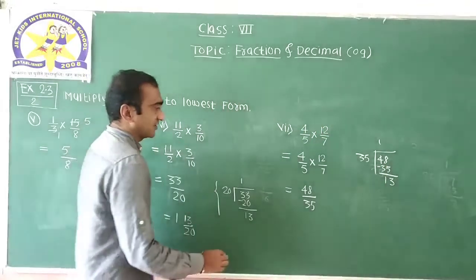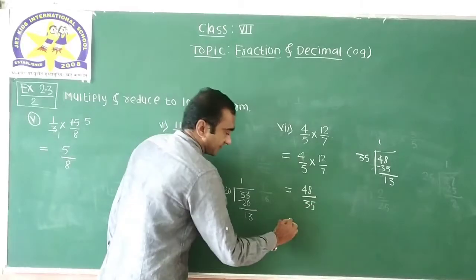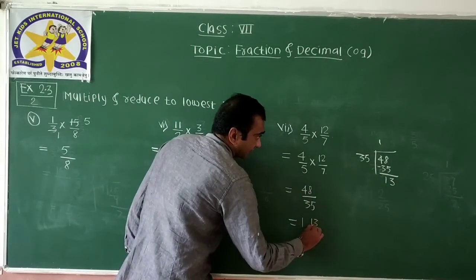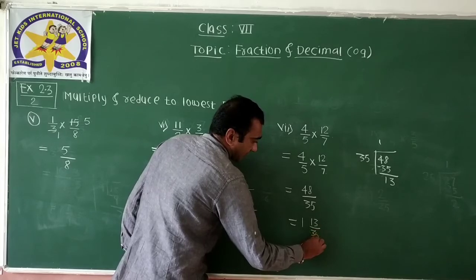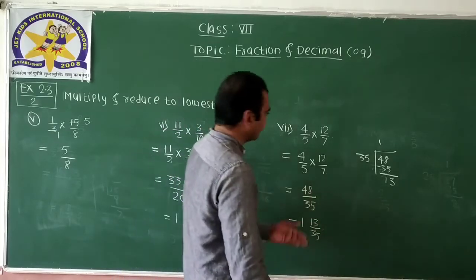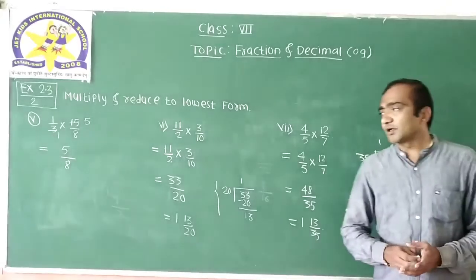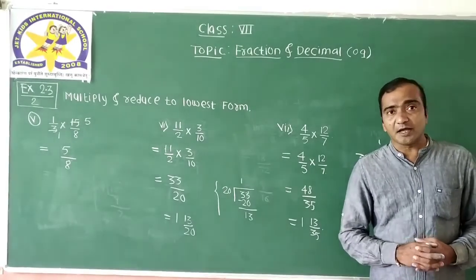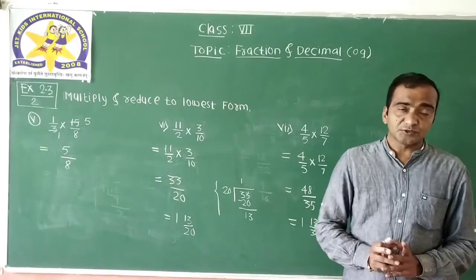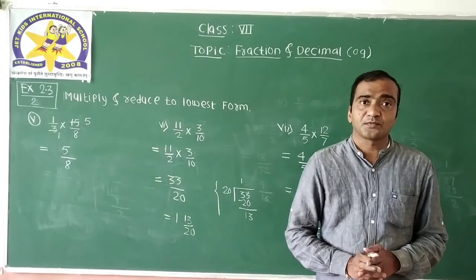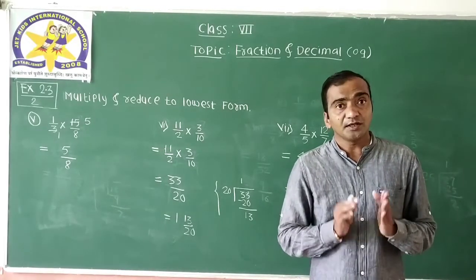So the mixed fraction of 48 by 35 is one integer 13 divided by 35. That is the mixed fraction of question number 7. So student, in this way today we have completed first two questions of exercise number 2.3. I hope you understand.